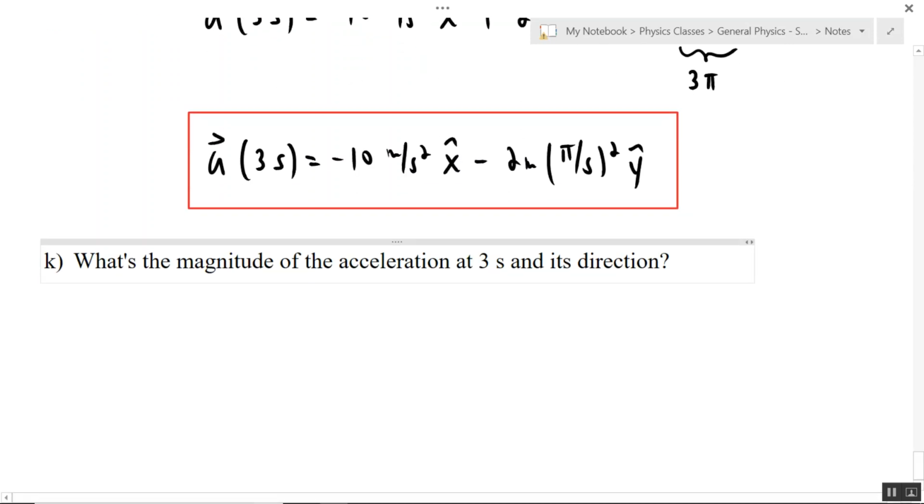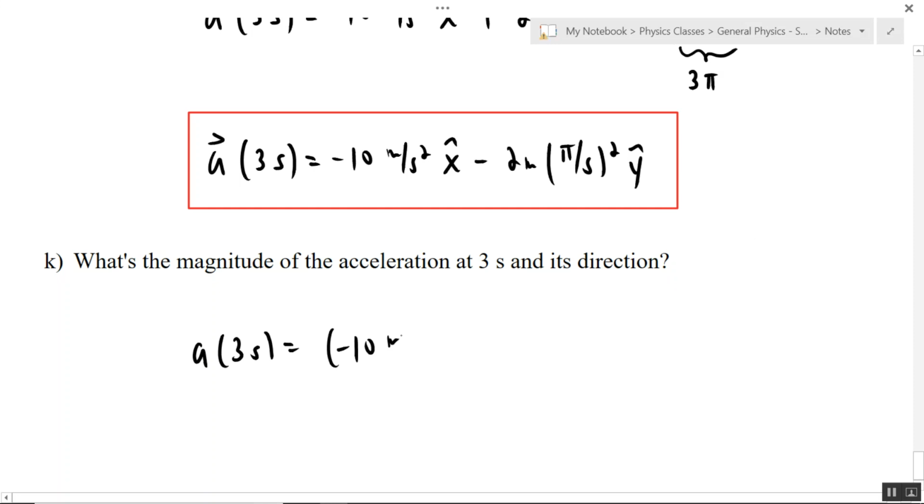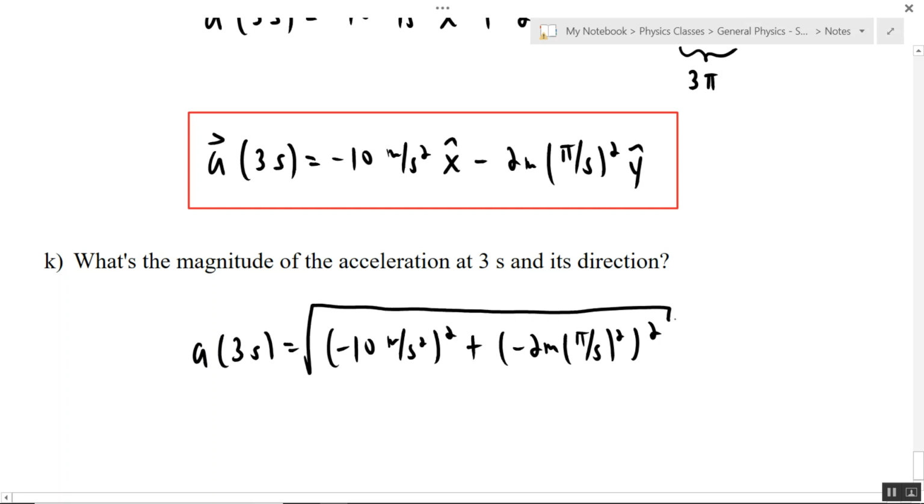So how do you find the magnitude? Yeah, 10 meters per second squared. It's a little bit messy because there's pi per second squared, then you have to square that and take the square root, but you get the idea. It's 22.13.